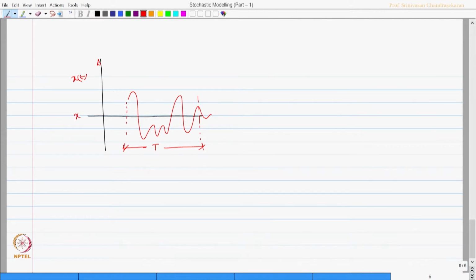So, what we are looking at is x of t lesser than or equal to x.